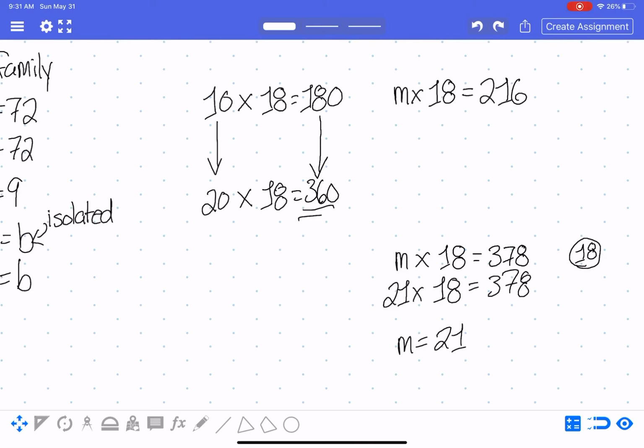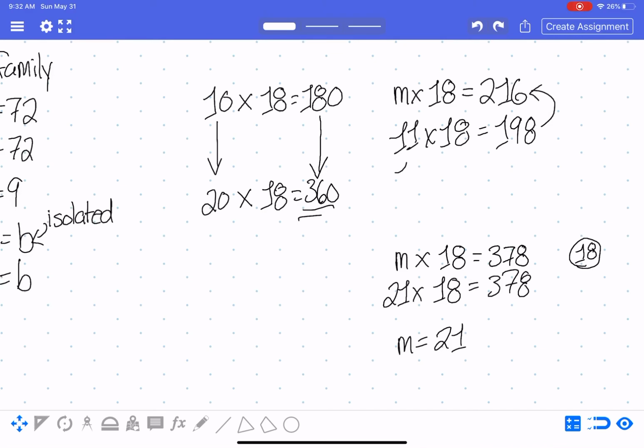I could also try maybe a guess and check. I could say, well, how about 11? 11 times 18. So if 10 times 18 is 180, 11 times 18 is 198. Okay, now we're about 18 away from 216.